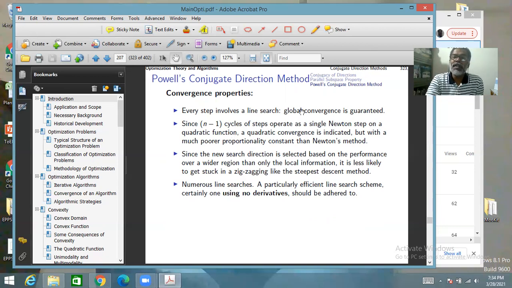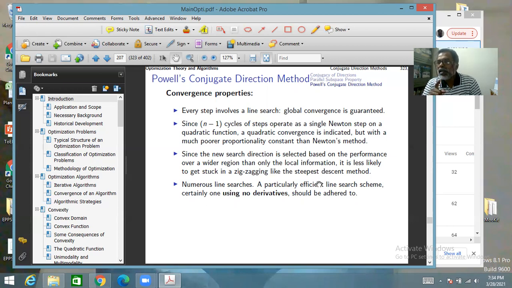The good news is that what Newton steps do not guarantee, this guarantees, that is global convergence. Now, in local convergence, it is certainly of quadratic convergence type, but with a poorer proportionality constant than Newton step. But compared to steepest descent method, this is reasonably better because steepest descent method develops its direction based on just the local information.